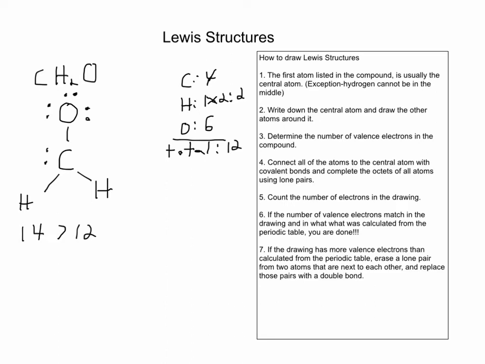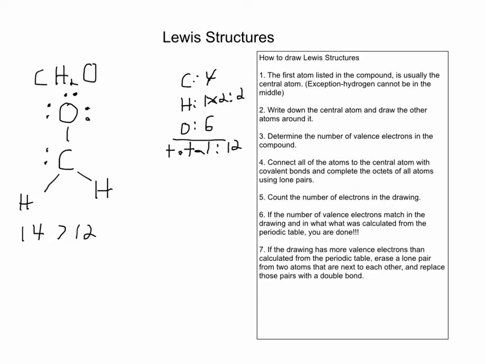So if the drawing has more valence electrons than calculated from the periodic table, we erase a lone pair from two atoms that are next to each other and replace those lone pairs with a double bond. What does this look like?